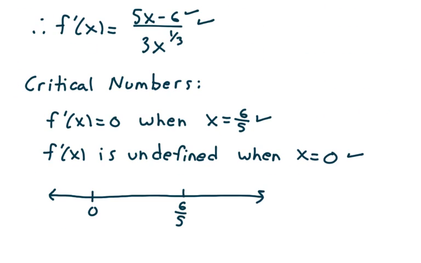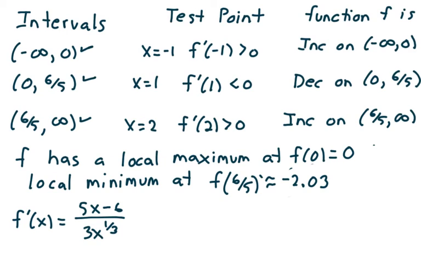Same game, we're going to test points: x equals -1, x equals 1, and x equals 2. And I'm plugging those test points into the first derivative. So f prime of -1 is positive, and what that tells me is that the function is increasing on negative infinity to 0.